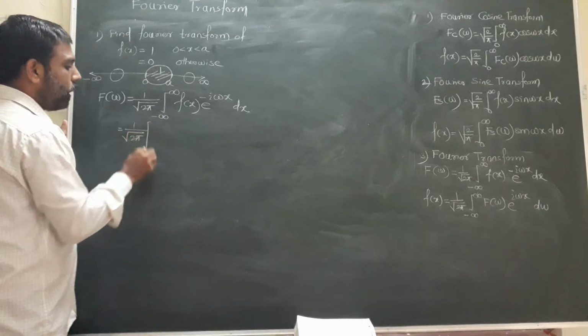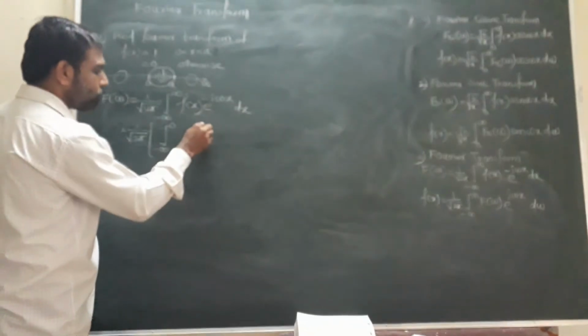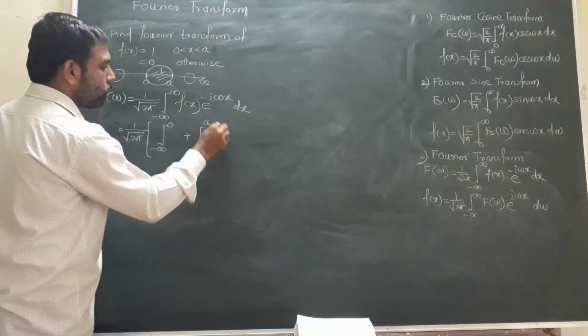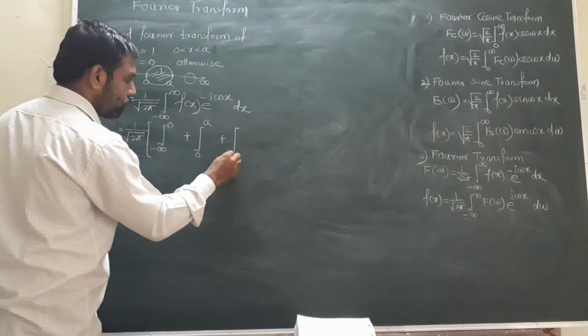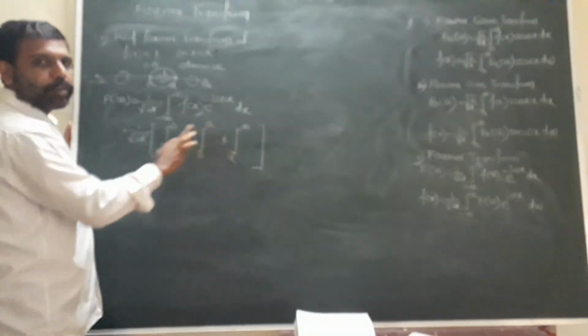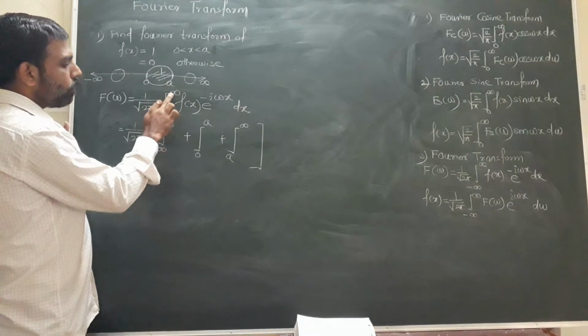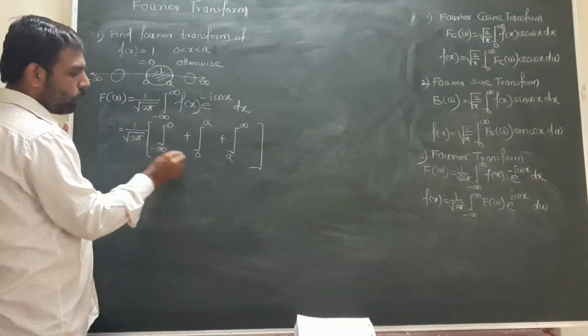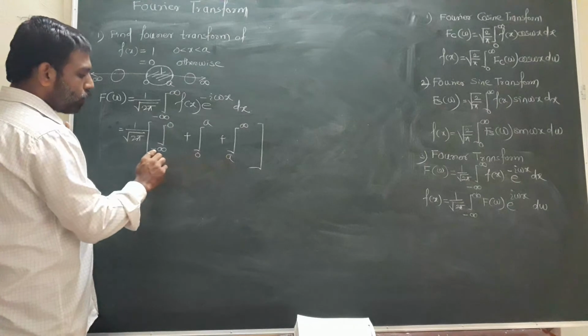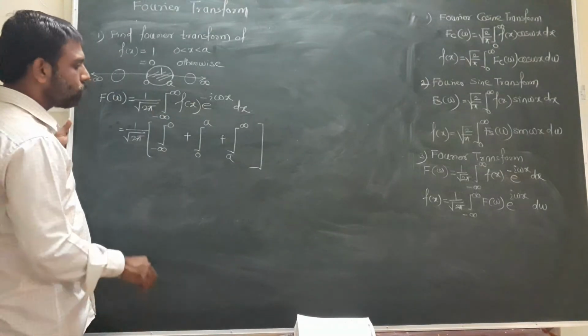Now this integration is divided in three parts. So this integration from minus infinity to infinity is in three parts: first part, second and third. So it completes minus infinity to infinity.